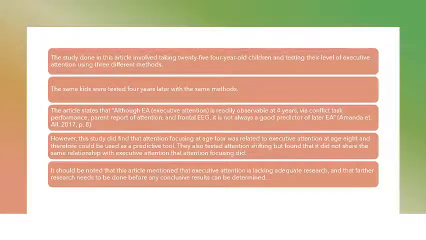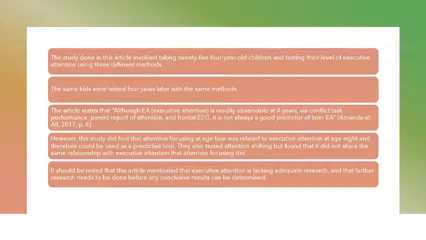The study done in this article involved taking 25 4-year-old children and testing their level of executive attention using 3 different methods. The same kids were then tested 4 years later with the same methods.